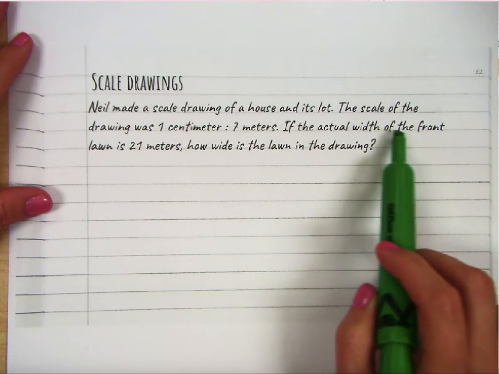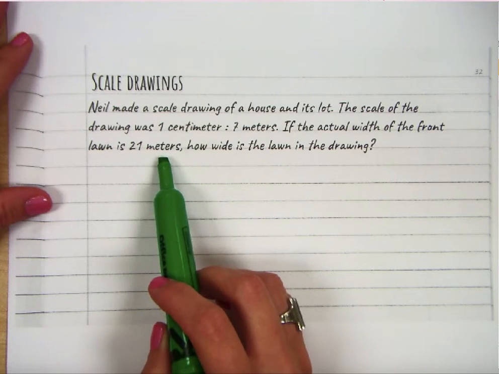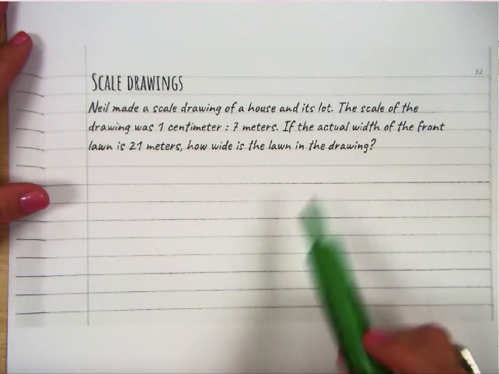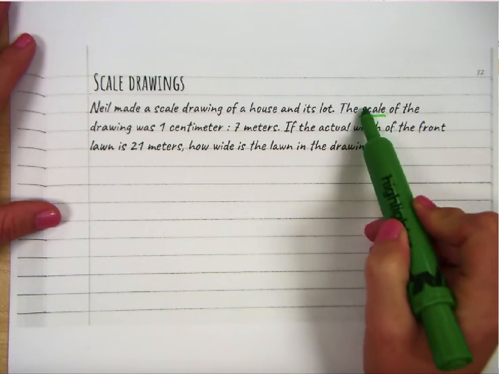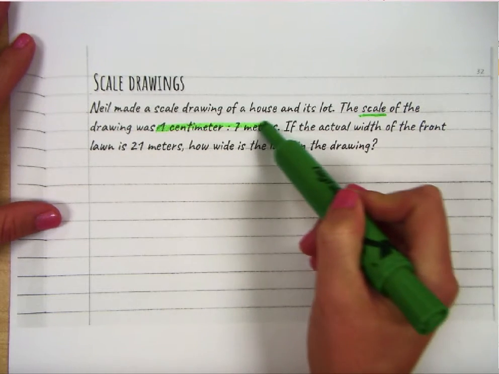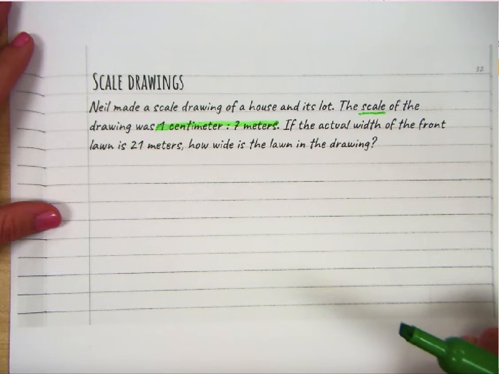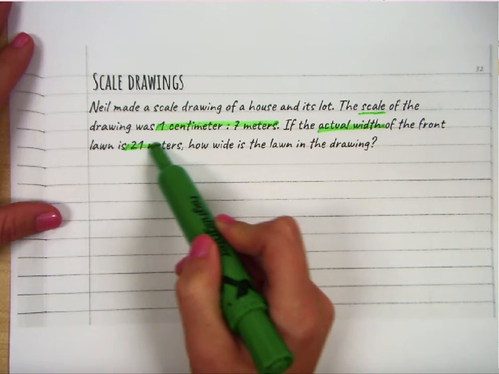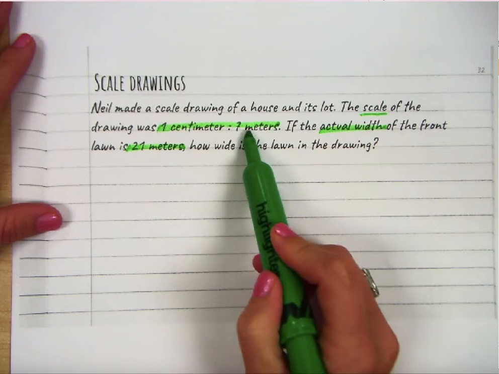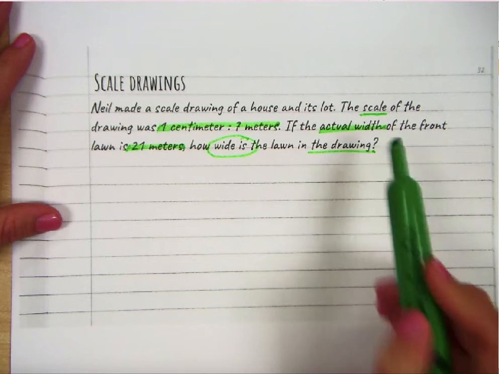If the actual width of the front lawn is 21 meters, how wide is the lawn in the drawing? So let's highlight the important stuff. The scale was 1 centimeter to 7 meters. And then it says the actual width of the front lawn is 21 meters. How wide is the drawing?